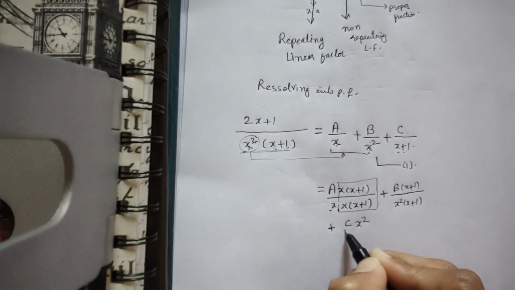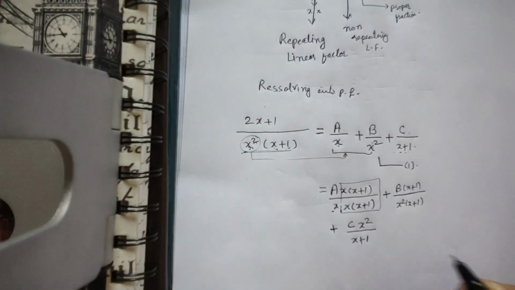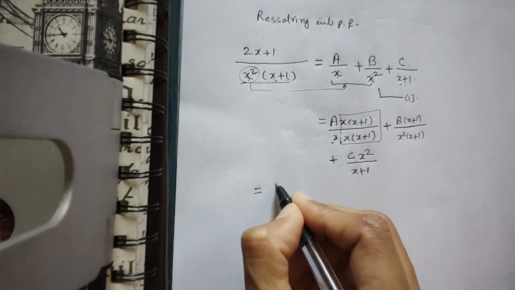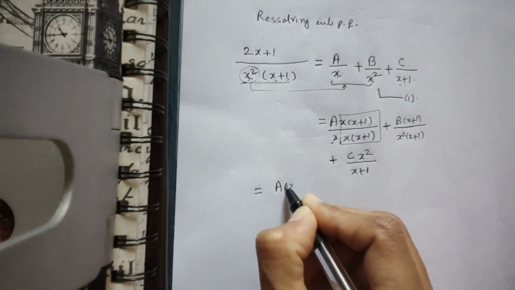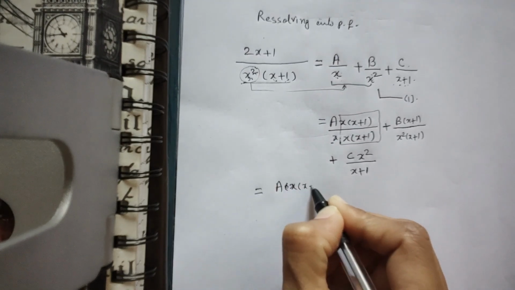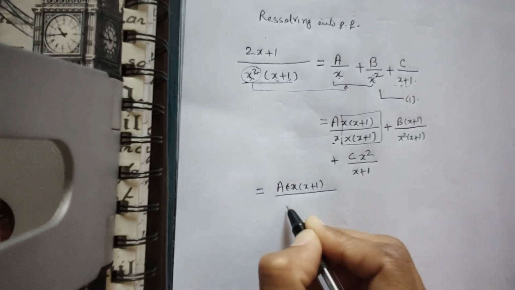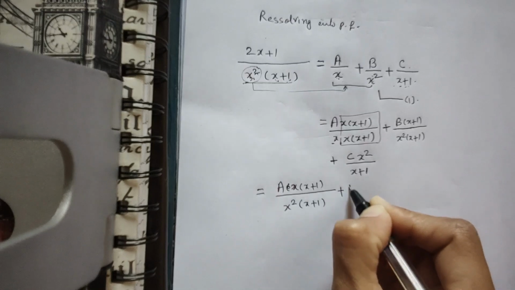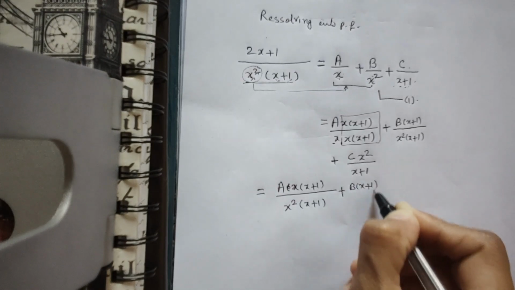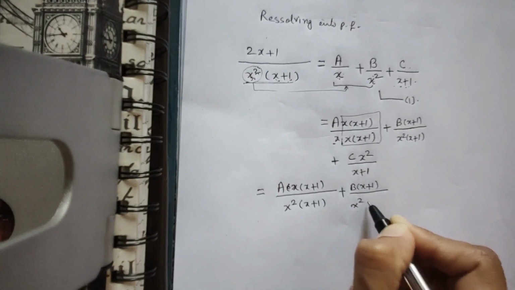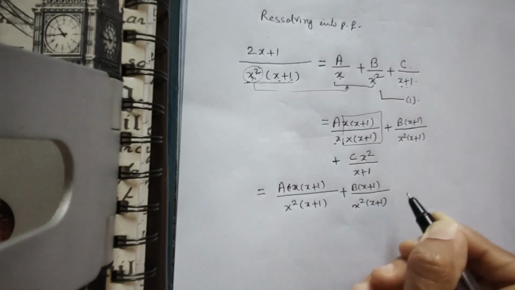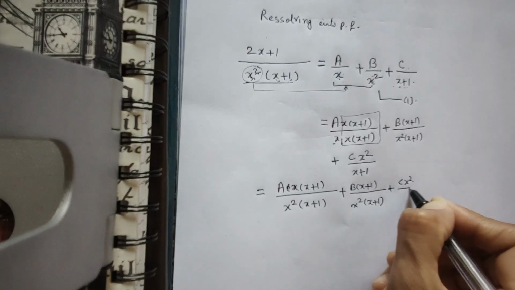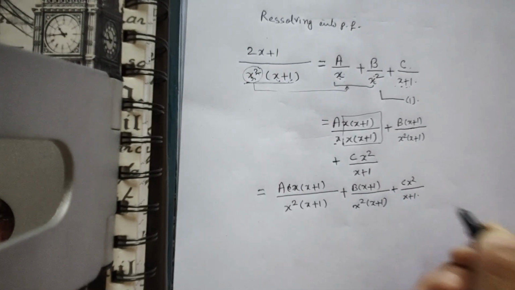So x square upon (x + 1). So simply I get the equation as A into x into (x + 1) upon x square (x + 1) plus B into (x + 1) upon x square into (x + 1) plus C x square upon (x + 1).